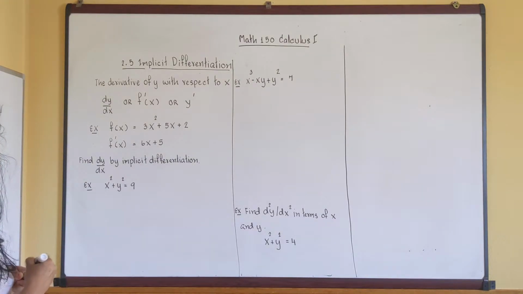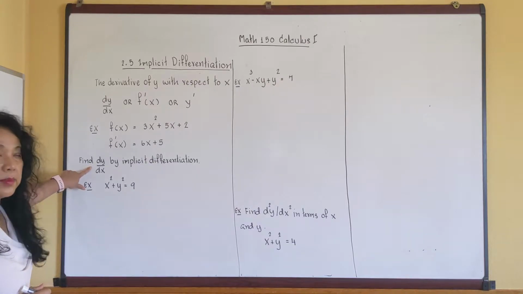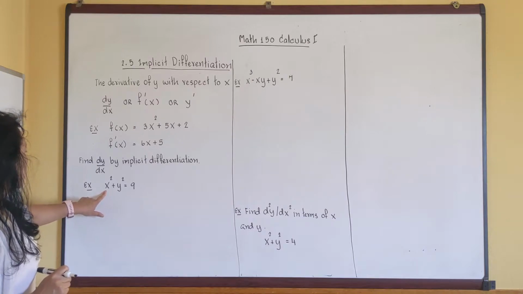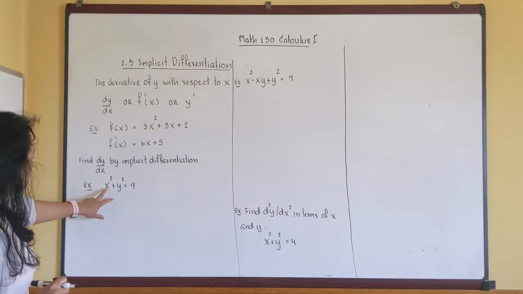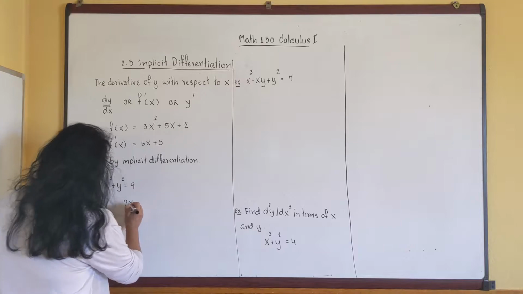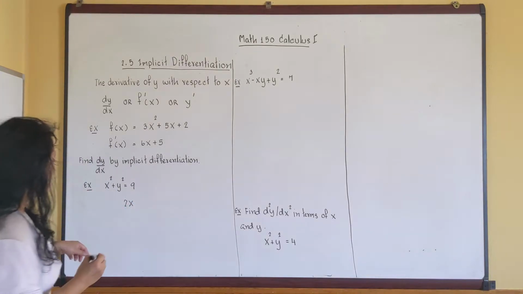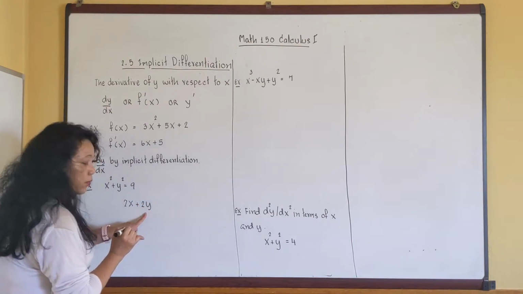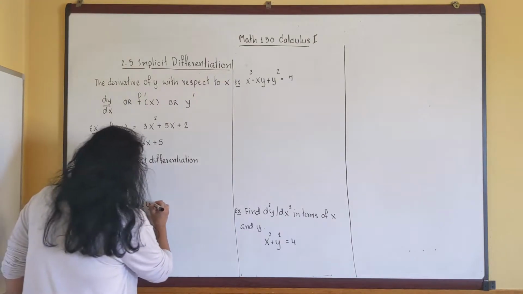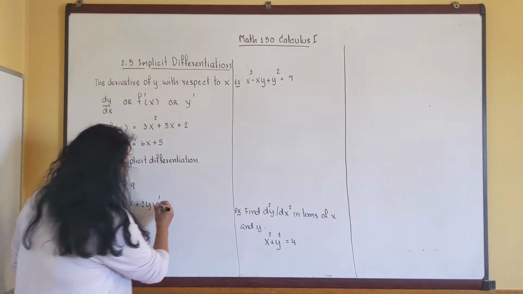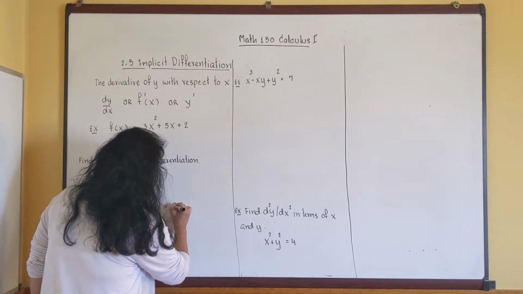When we take the derivative, they want you to find y prime. So we're going to take the derivative of x with respect to x, and the derivative of y with respect to x. The first term, you're just going to have 2x, just like we normally do. The second term, we're going to have 2y, but y is the variable, so we put y prime, the derivative of y. The derivative of the constant is 0.